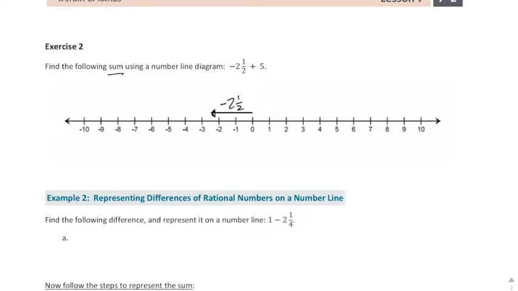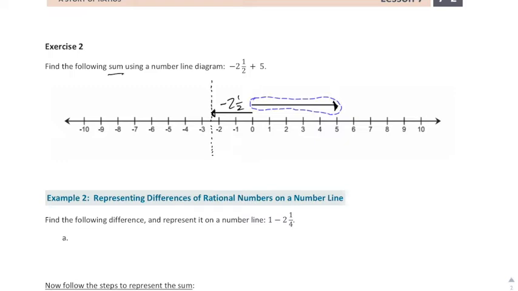And I'm just going to do a quick little demonstration here. If I want an arrow that is 5, I can count 5 from this point. But just to demonstrate what it means to be adding 5, I'm going to do for a moment something that looks wrong, and it is just so that I can draw an arrow that is 5 units long because of the magic of the iPad.